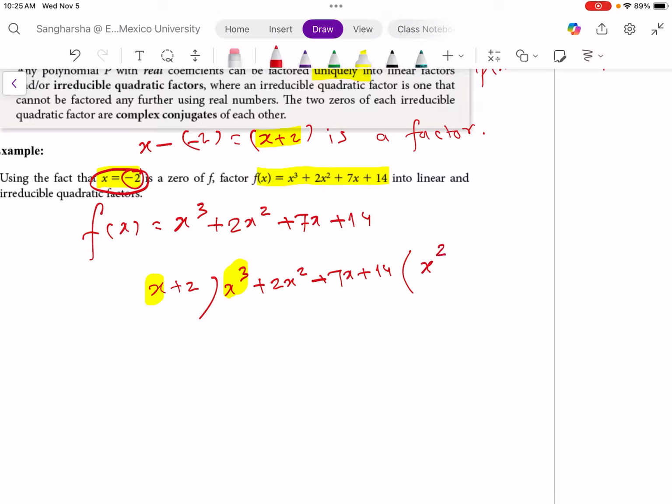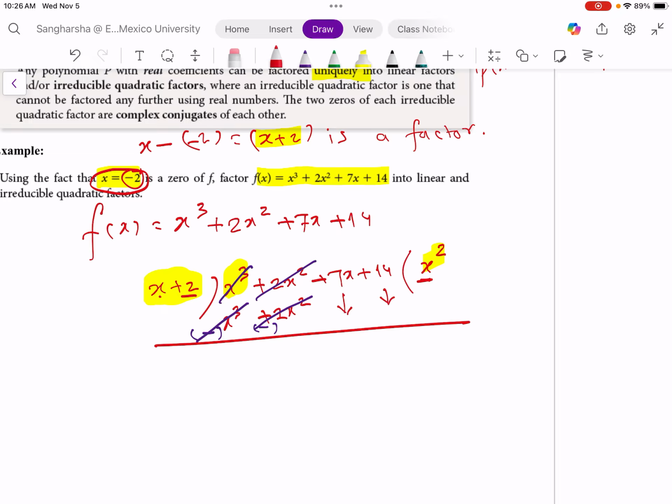Now you multiply x squared and every term of this divisor. So x squared times x is x cubed. x squared times positive 2 is positive 2x squared. Do not forget to flip sign. If you are using long division, then you have to flip sign. This is 0. This is 0. Now we drop the remaining terms.